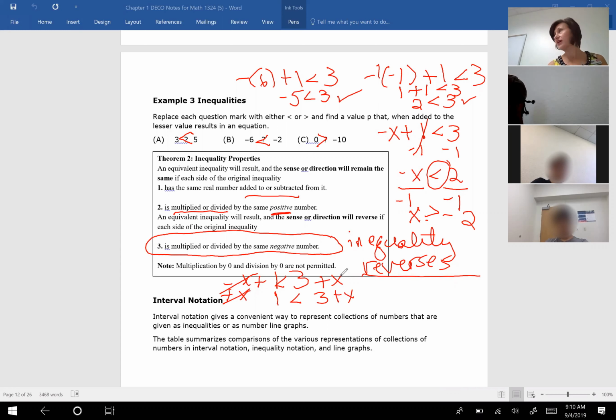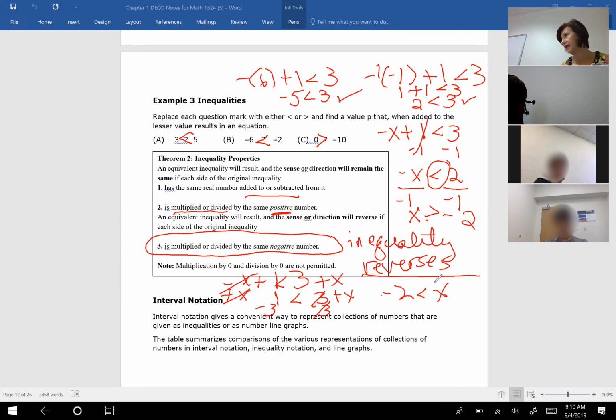How can I make this 3 disappear on the right side? Subtract. So if I subtract 3 from both sides, then how much is 1 minus 3, or 1 plus a -3? That would be a -2, and I have my less than sign, and I have x.